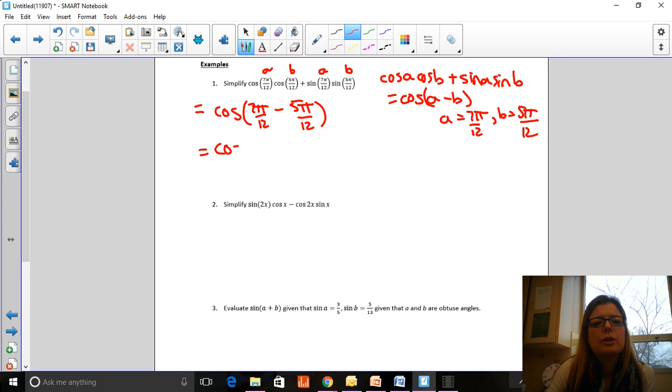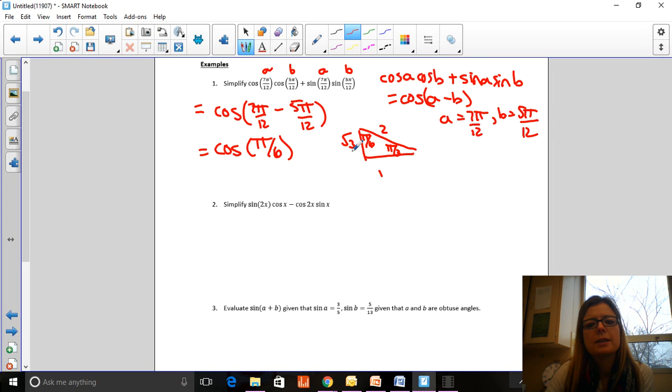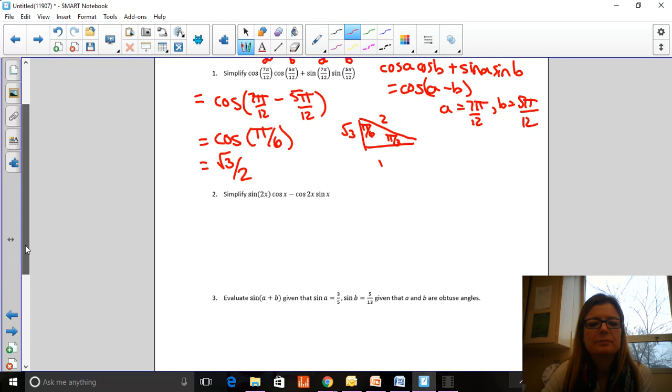So that's just the cos then 7 pi minus 5 pi, that's 2 pi over 12, which is pi over 6. And pi over 6 is from one of our special triangles. So if you remember our special triangle, this is pi over 3, this is pi over 6, this is 2, 1, root 3. So the cos of pi over 6 is just root 3 over 2. So there we go. We're able to solve that exactly.